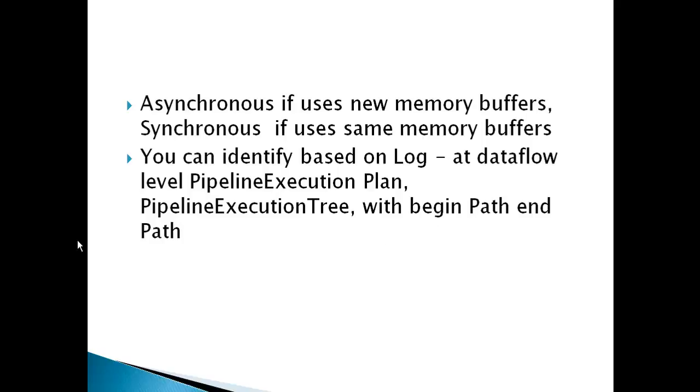Each begin path and end path section indicates that separate memory buffers have been created. So with the help of this, we can come to know the behavior of the associated transformation, whether it is creating separate memory buffers or not. If they are creating separate memory buffers, then they are asynchronous transformations, and we should try to avoid the use of asynchronous transformations as far as possible.